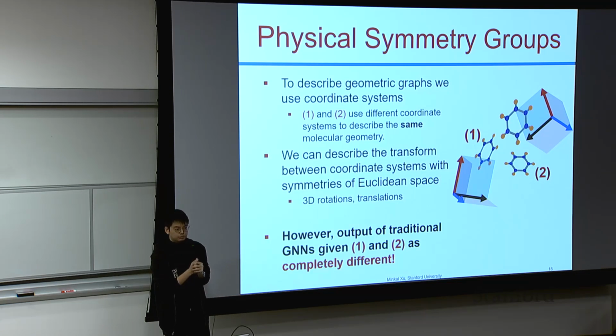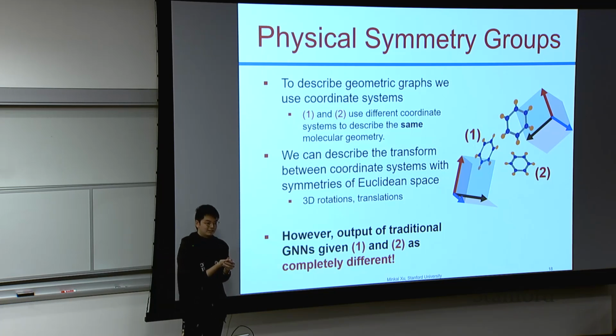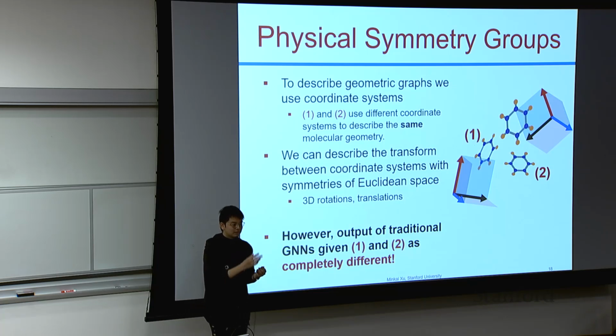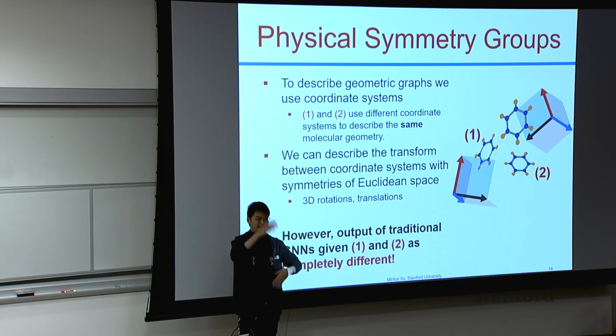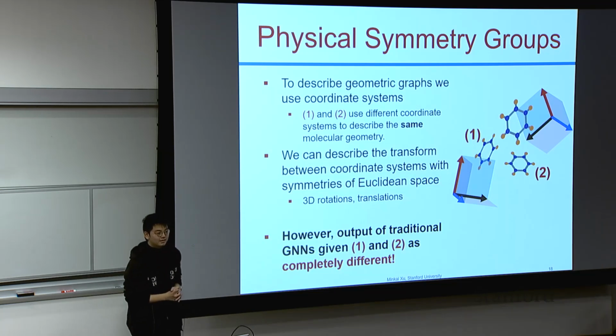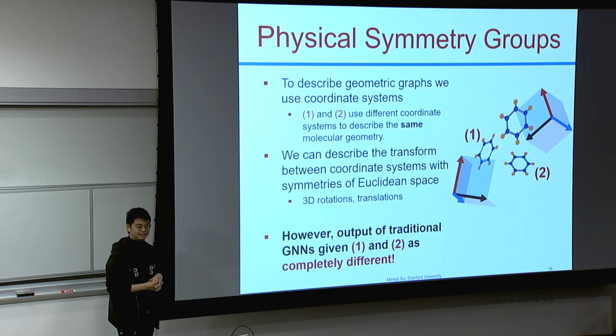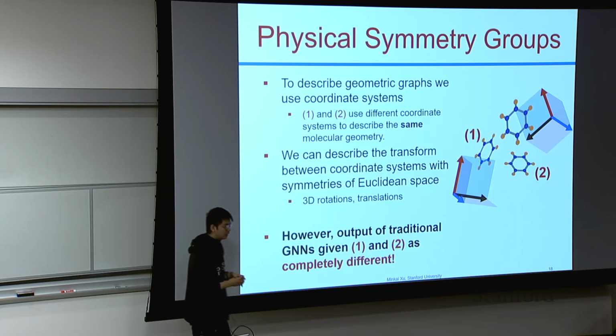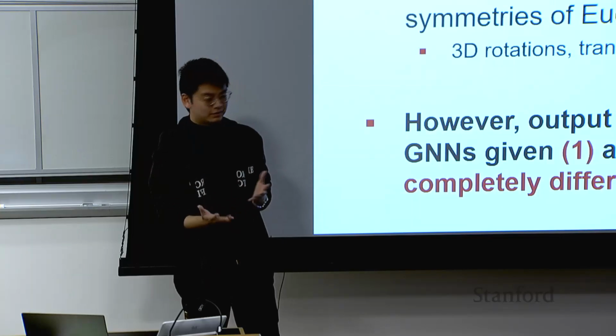So how do we process this coordinate information? A very naive way is just, oh, it is a node feature, right? Every node has coordinates. Just concatenate them to the node embedding and do message passing. The problem seems like it is solved. Is it really solved? Definitely not, right?